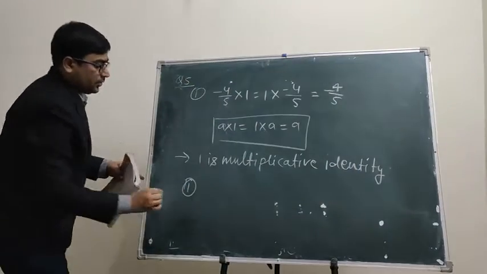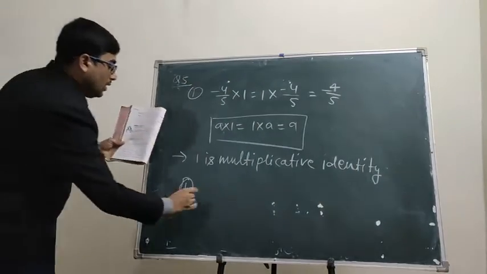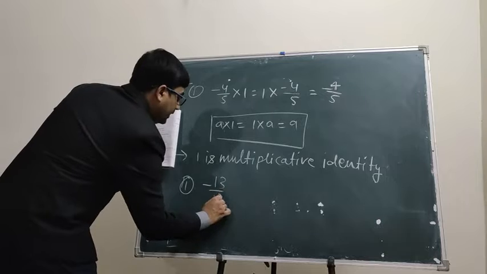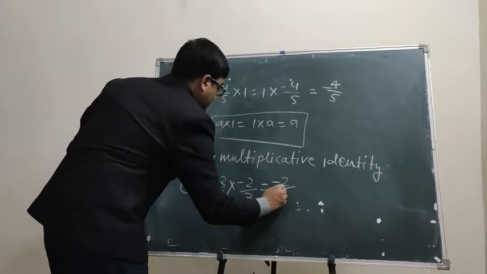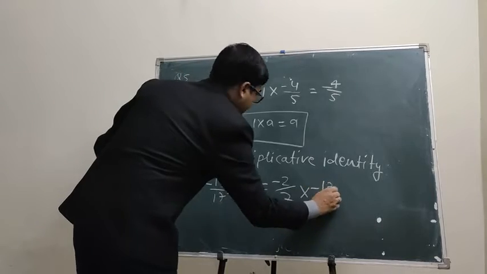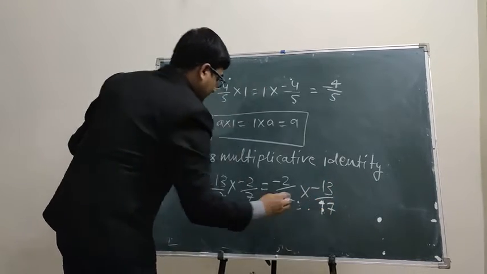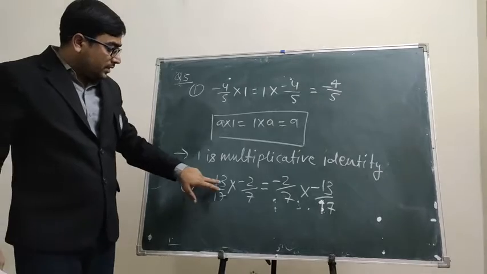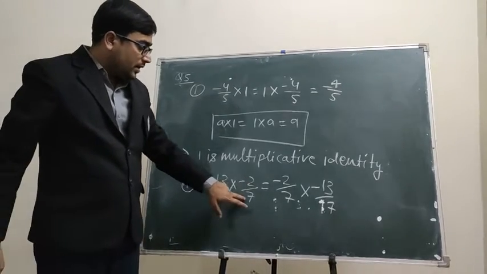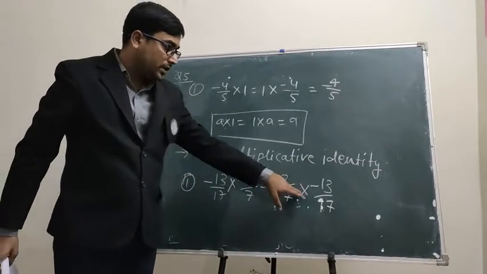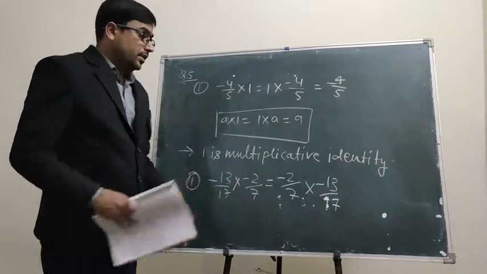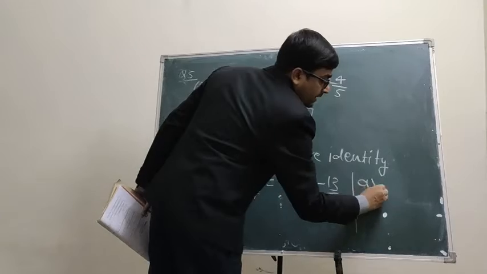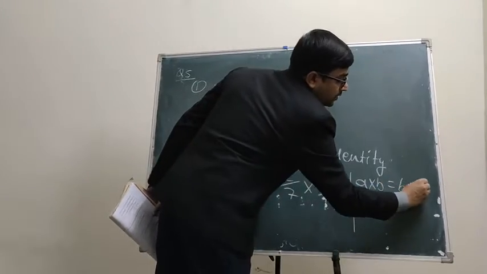In the second question, minus 13 by 17 into minus 2 by 7 is equal to minus 2 by 7 into minus 13 by 17. This property we already learned: a into b is always equal to b into a.